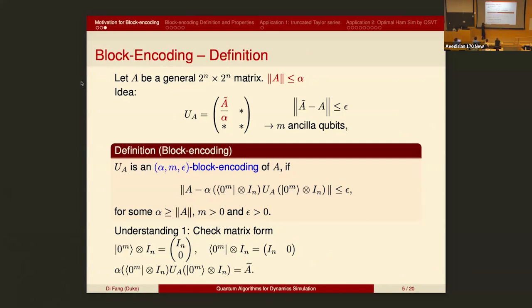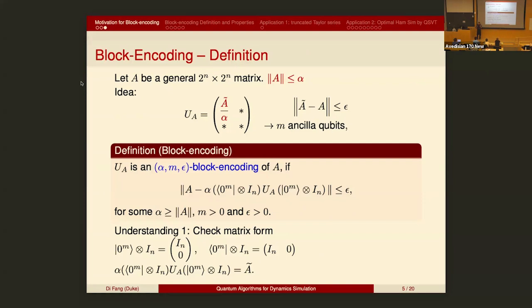Imagine you multiply this on the left and this on the right. What do you get? You pick out exactly A tilde divided by alpha. And now you multiply by alpha, so you get A tilde itself.